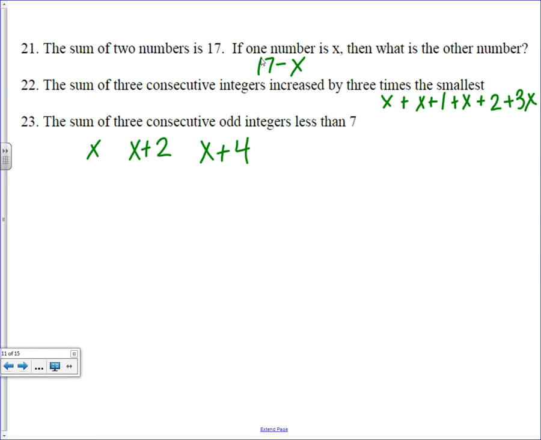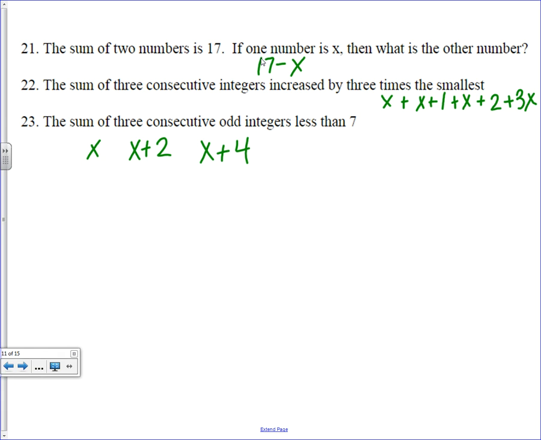Some people get confused because you say, wait, they're odd, they're odd. Why am I adding 2 and 4? Those are even. I'm just telling you how far apart they are, right? What about for even integers? How far apart are even integers? 2. Odd and even integers are the same number apart, aren't they? So if this question was changed to say even, you'd do the same thing. Because they're still 2 apart, aren't they?